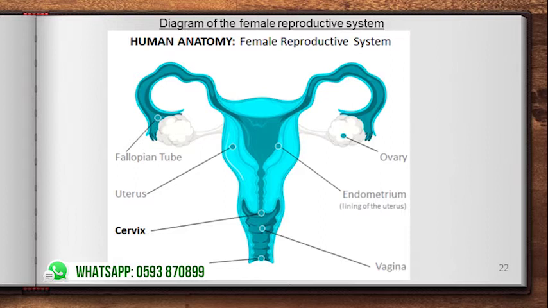Then we have the vulva. Then we have the vagina. And then we are also having the endometrium. And last but not the least, the ovary. So when all these parts are put together, this is how the structure of the female reproductive system of humans looks like.